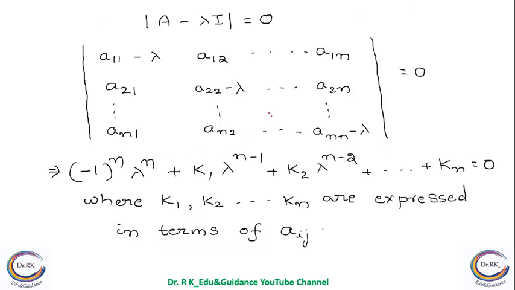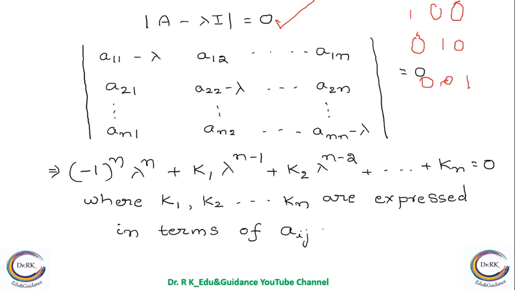Okay. So like this, suppose determinant of A minus lambda I equal to 0. Now we took the general matrix a11, a12, a1n. This is the matrix, minus lambda into I. If I is the identity matrix, one identity we know is 1 0 0, 0 1 0, and if I take the 3 by 3 identity matrix, 0 0 1, right?